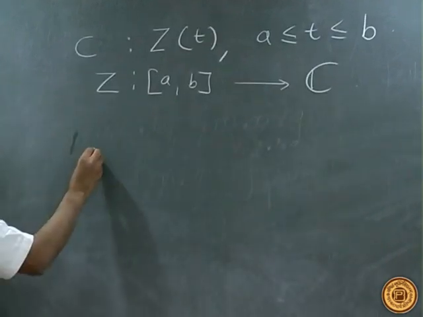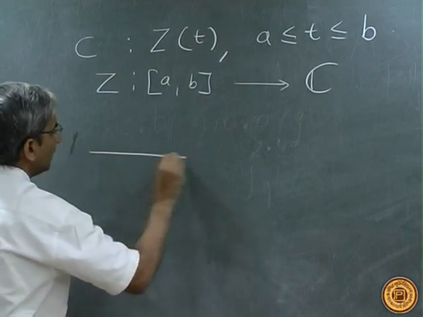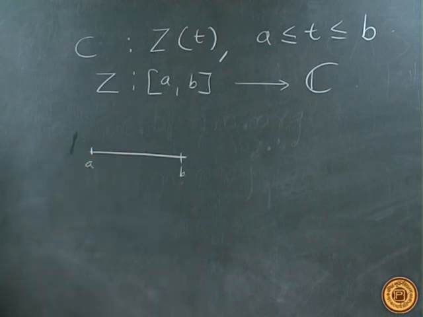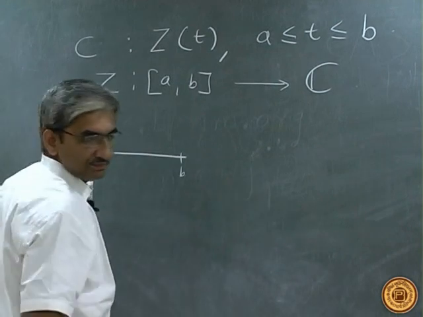That means you have some interval [a, b], which is called the parameter interval.